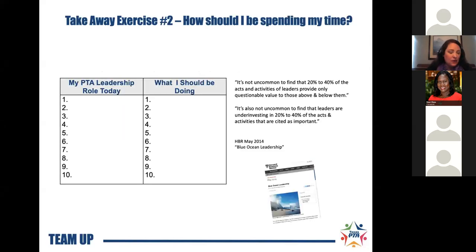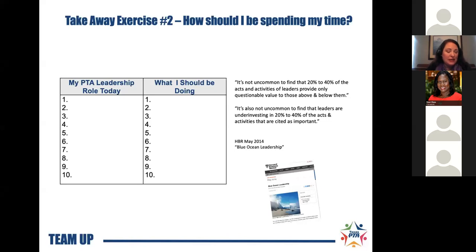And the second takeaway exercise that we provided you here today will help you focus on how you could spend your time more effectively as a PTA leader. It challenges you to think about where you do currently spend your leadership energy. Are you spending most of your time reminding board members about deadlines, answering resource questions, creating sign-up genius sheets?